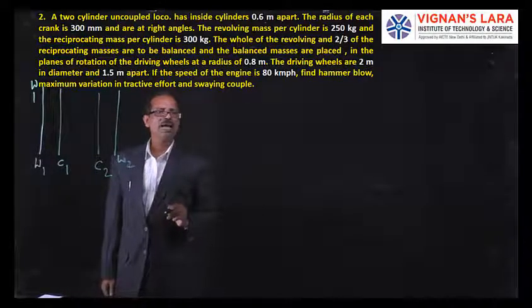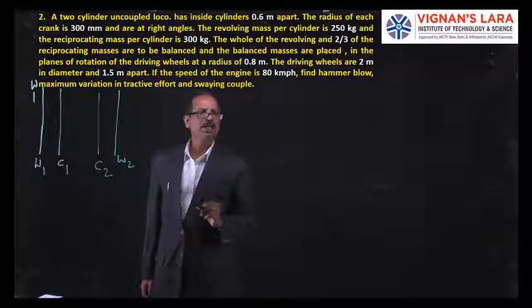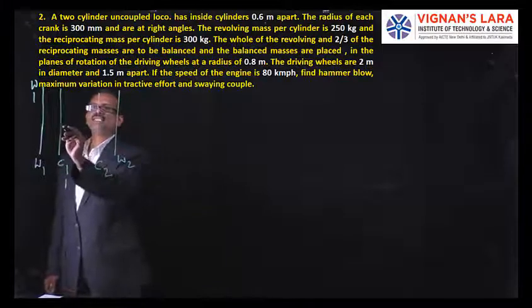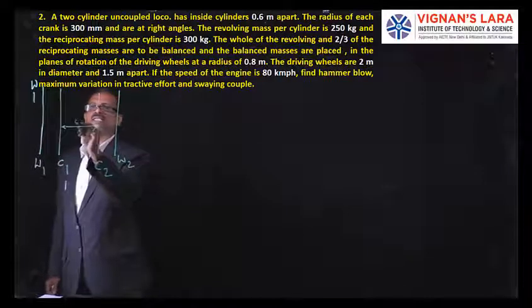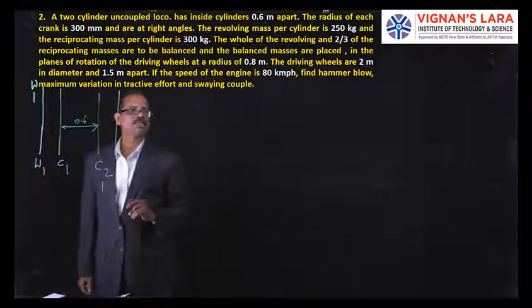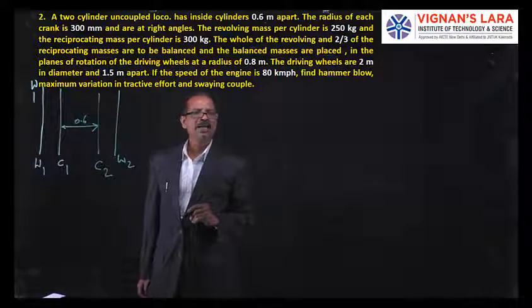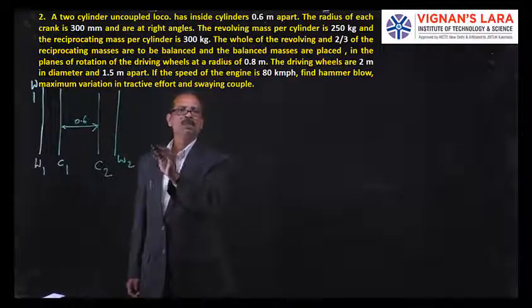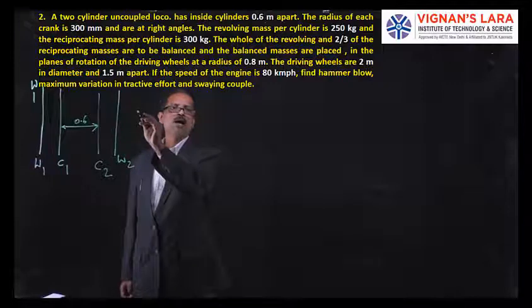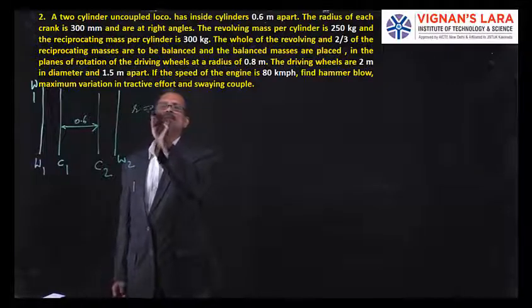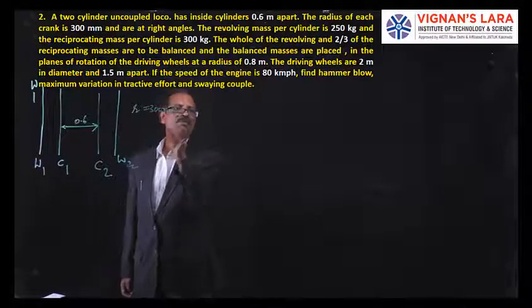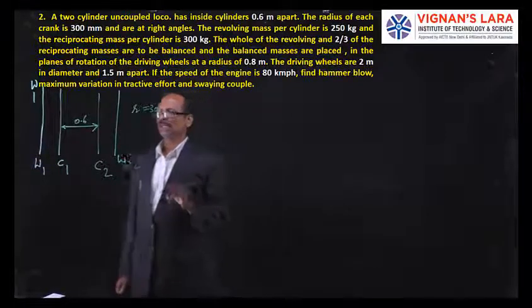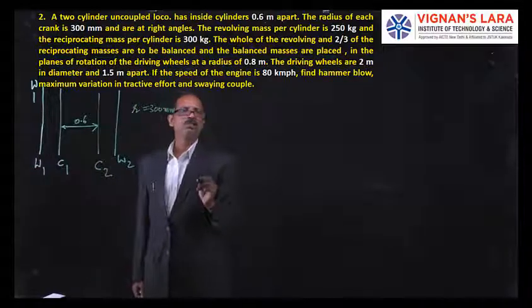So how are they placed? Let us see. The two inside cylinders are 0.6 meters apart. That means the distance between these two cylinders is 0.6 meters. And the radius of each crank is 300 mm, so he has given the data R is equal to 300 mm, and they are at right angles to each other.